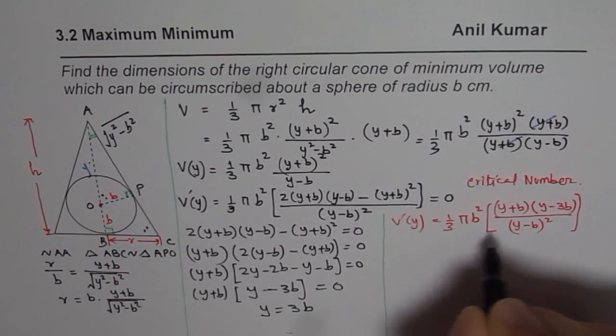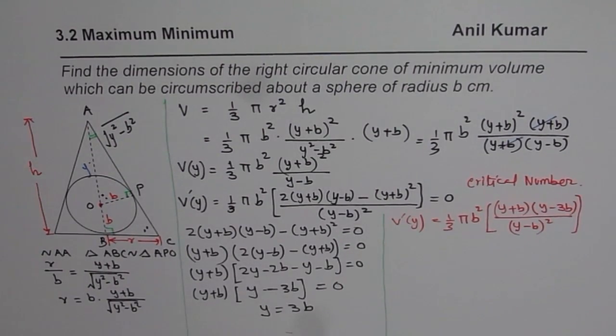That is how we simplified the numerator, correct? Now, to show that this is indeed the minimum volume, what should we do? We should check a value which is slightly less than this and slightly more than that, and see how it varies.